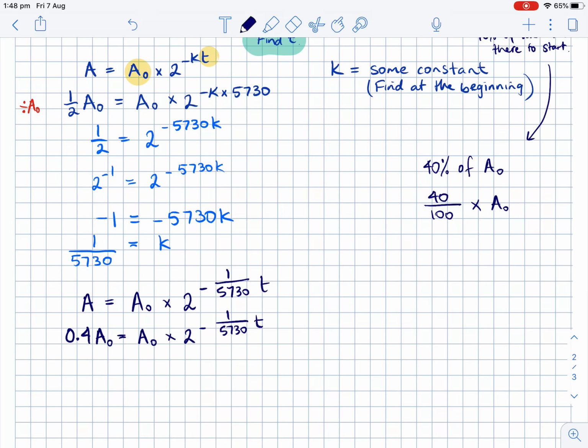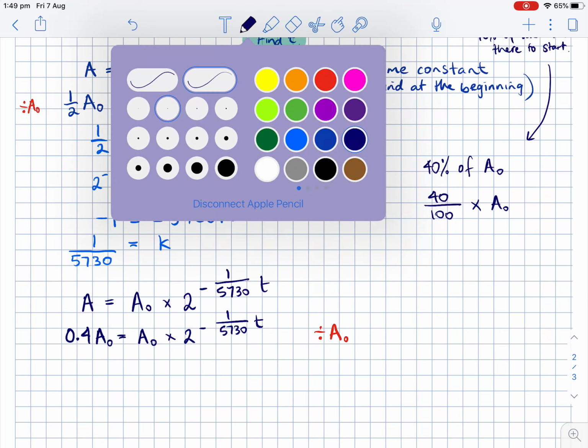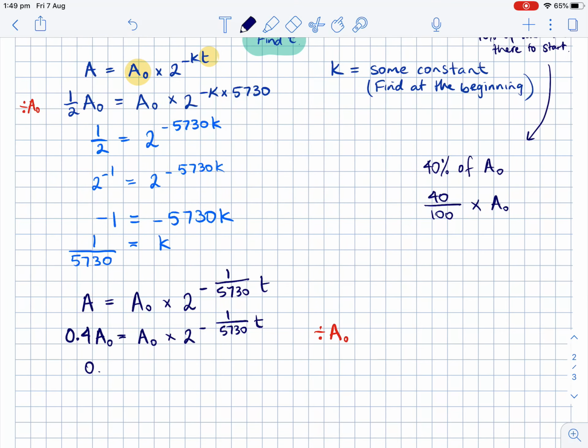Nice. So using that same technique as before, it doesn't actually matter what the initial amount is, because I'm going to eliminate that variable by dividing both sides by the initial amount, A0, which gives me just 0.4 equals 2 to the power of negative 1 over 5,730t.